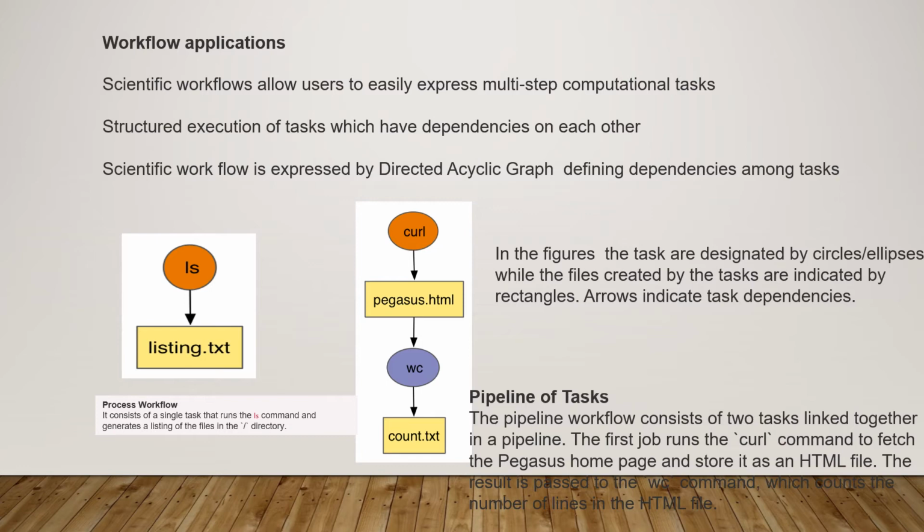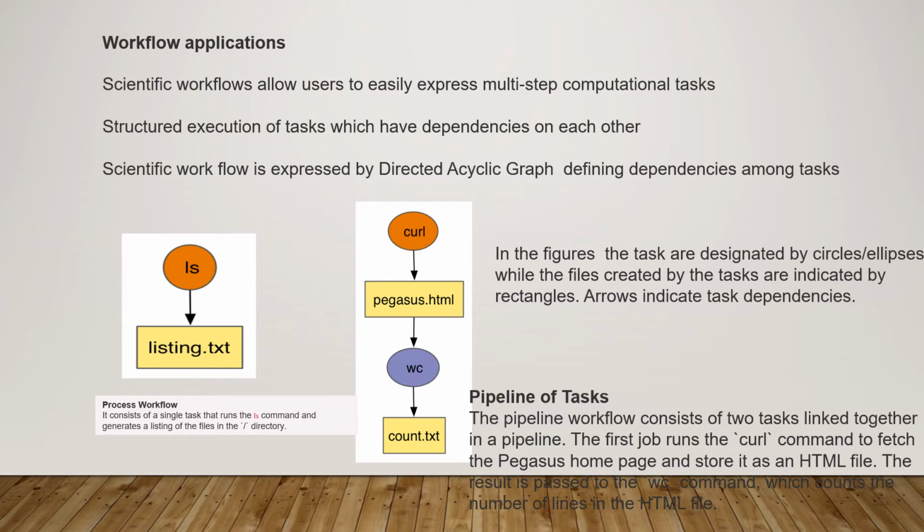So here we have this diagram, which you can call a directed acyclic graph, which defines the dependencies among the tasks or operations.